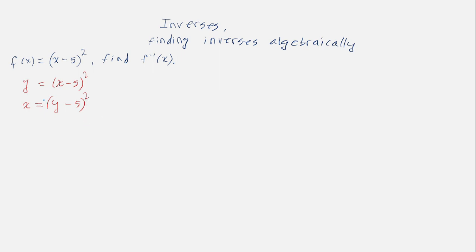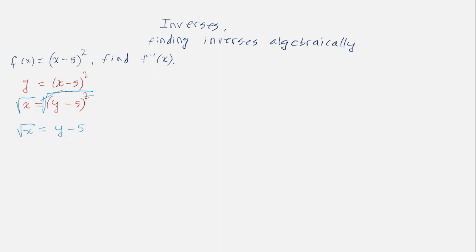So to remove the square, we need to use the square root. And then remember, whatever we do to one side, we need to do to the other. Now, what we did here, we removed the square. So now we will just have y minus 5 equal to square root of x.